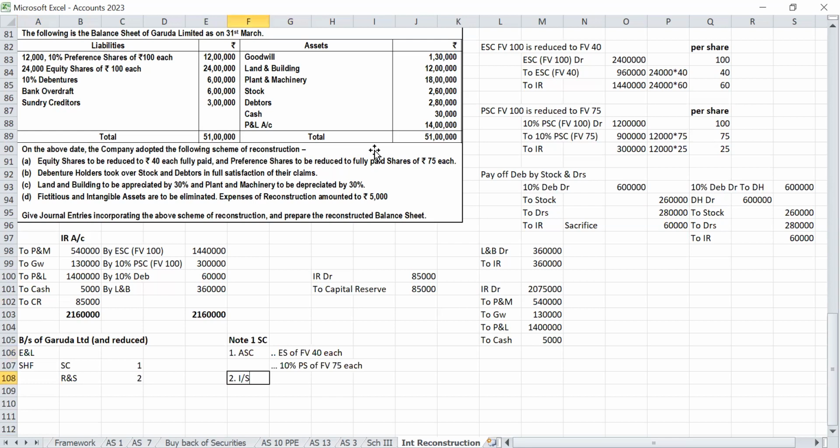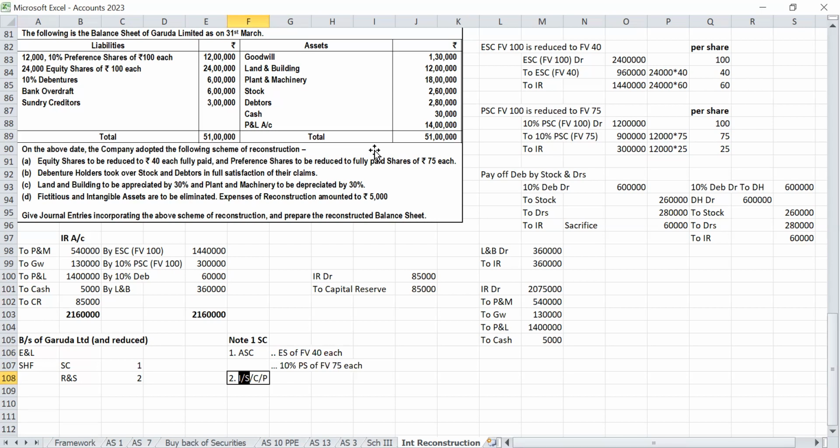Issued, subscribed, called up, paid-up capital. I already told this, but still I'm repeating again. What is authorized? Maximum number of shares. This is the maximum number of shares the company can issue. Out of which how much have I actually issued? That is issued capital. Out of my issue, how much has the public subscribed?